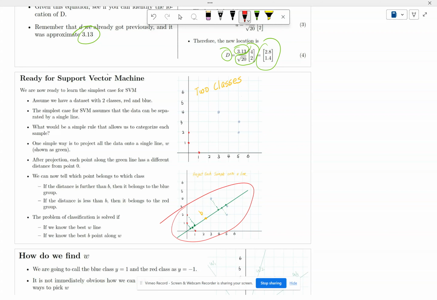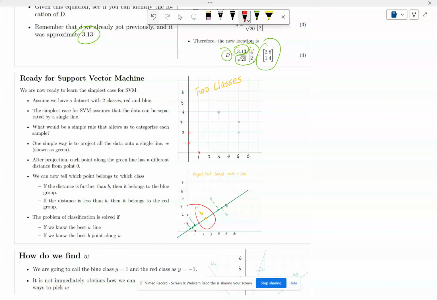So you essentially project these points onto a line. Now, the problem is which line? So we're going to call the line W, okay? How do we know the best line to project? And if we know, how do we know the best B to essentially set the points?